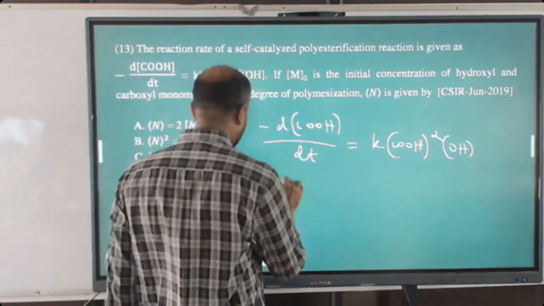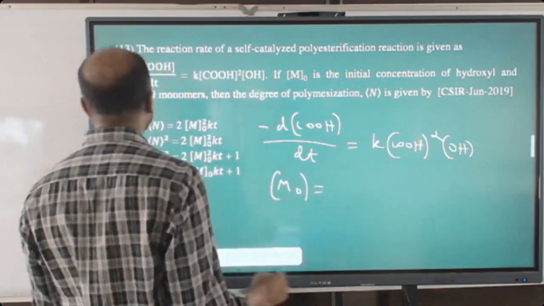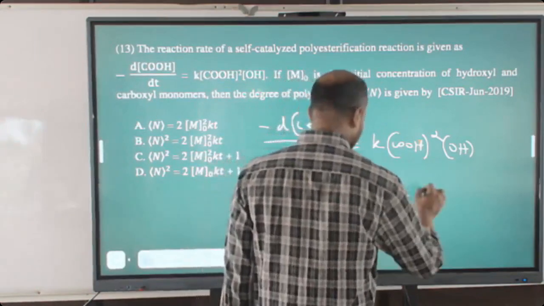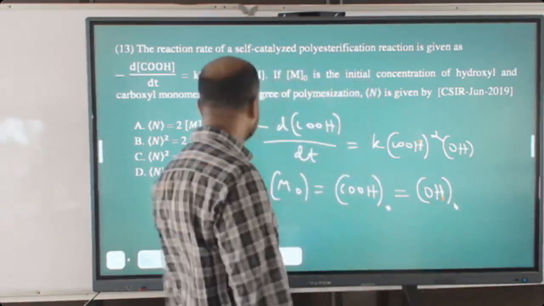The concentration of COOH is equal to M0 and the concentration of OH is also M0, the initial concentration of all this.